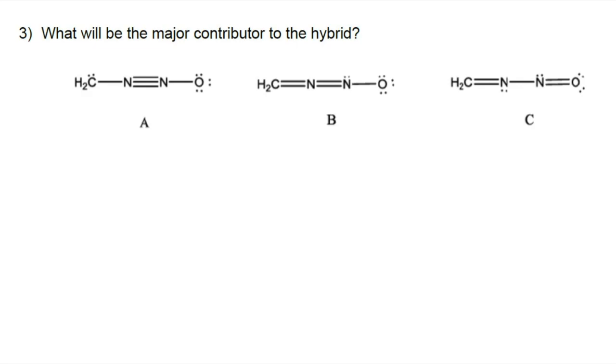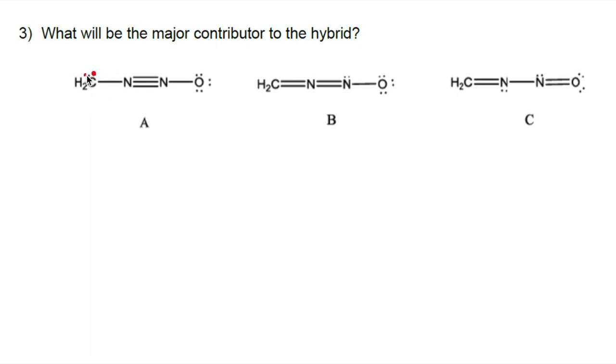In question 3, we're asked which one is the major contributor to the hybrid. The major contributor to the hybrid is going to be the most stable of the resonance structures. In this particular question, you're not given the charges, so you have to recalculate them.